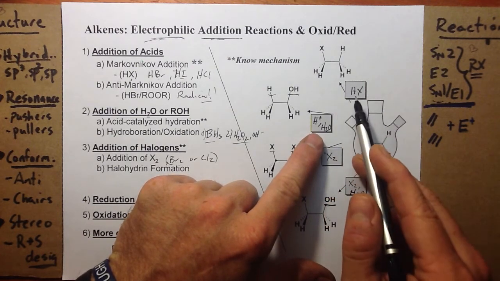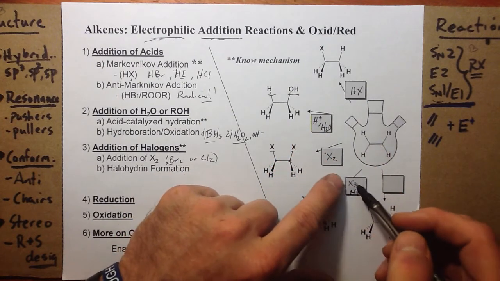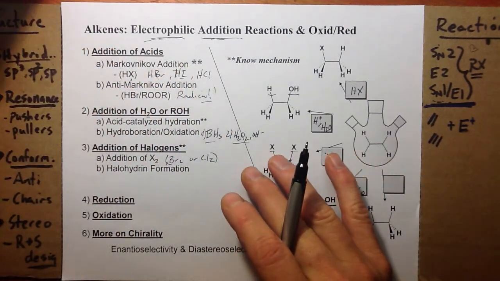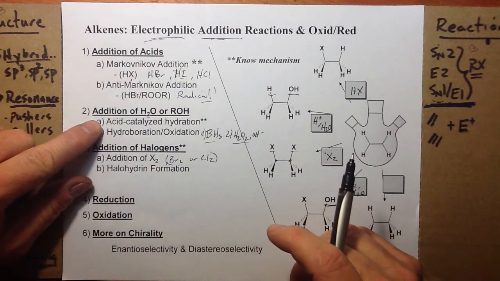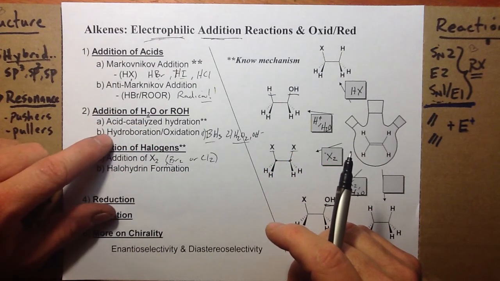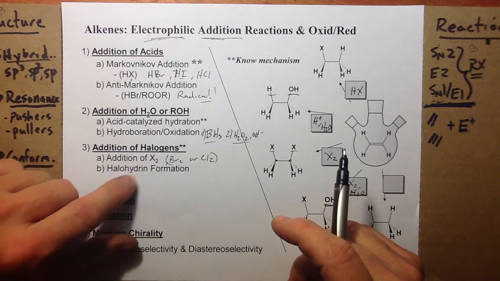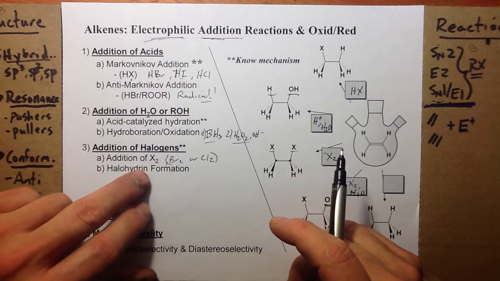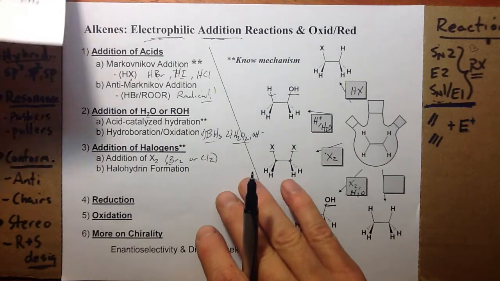We added acid, acid with water, Br2 or Cl2, Cl2 with water. That's what we'll focus on in this second video. Lots to cover. Really, we have 3 reactions. We have acid catalyzed hydration, hydroboration oxidation, and then really addition of halogens where only the second step differs in this 3B. So let's go to these 3 different types of reactions.